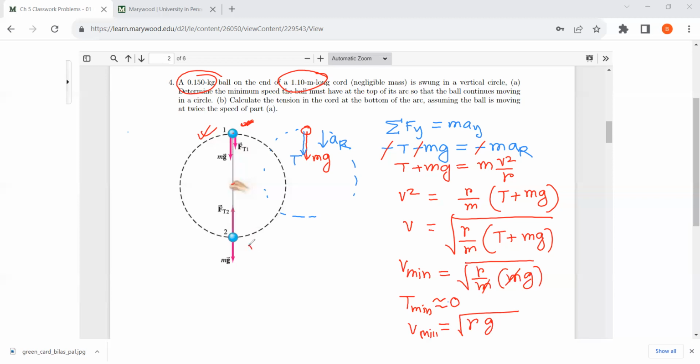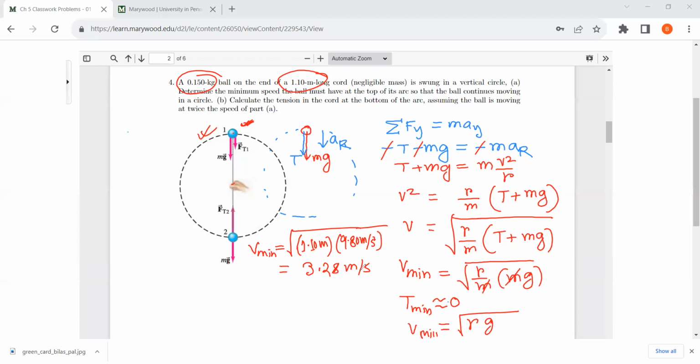So for v minimum, r is 1.10 meter and the gravitational acceleration is 9.80 meter per second square. Okay, and that is equal to 3.28 meter per second. So the minimum velocity for this problem will be 3.28 meter per second.